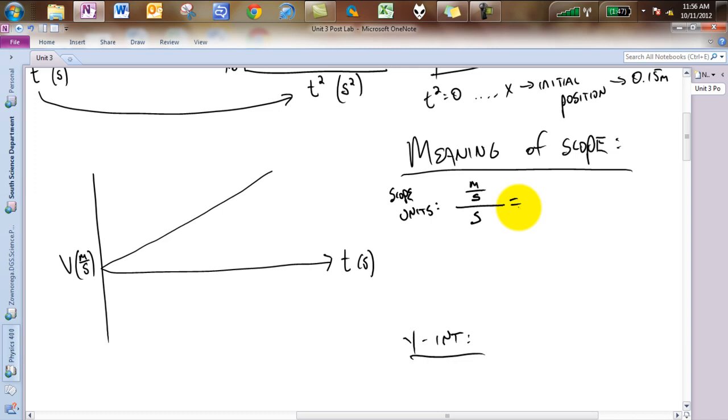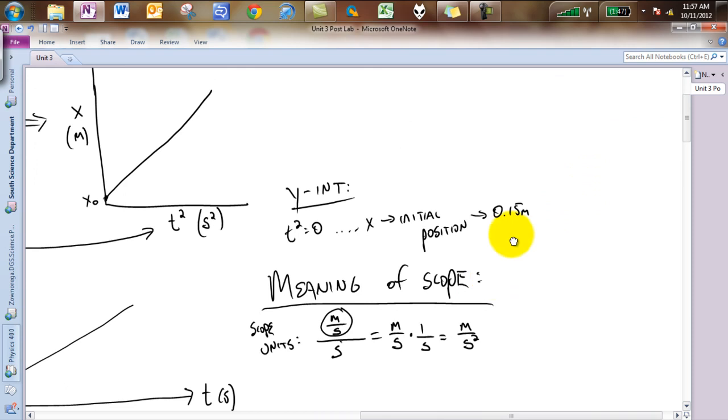So whenever I see this, I see a numerator and a denominator. When I divide by a fraction, I'm multiplying by the reciprocal, so my numerator stays put. I have meters per second, but I'm multiplying by the reciprocal, which is 1 over seconds. And you notice the same unit comes out of here, meters per second squared.